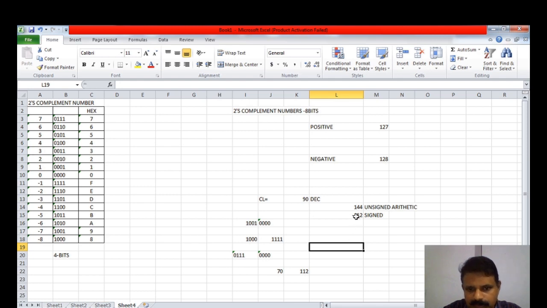CL content equal to 90: in unsigned arithmetic, it represents the decimal value 144, and in signed arithmetic, it represents the value minus 112, or in hexadecimal, minus 70.